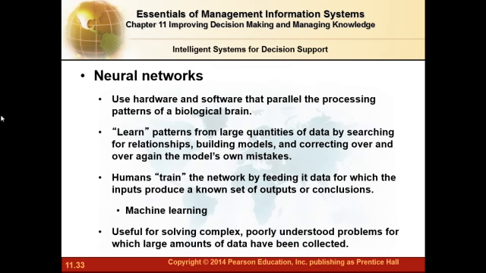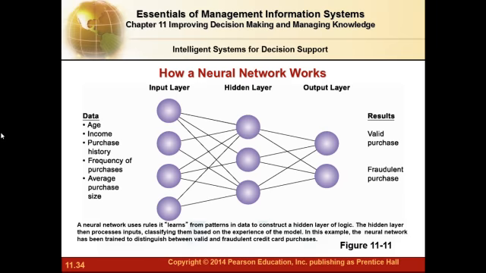Okay, this graphic illustrates how a neural network works, by using an internal hidden layer of logic that examines existing data and assigns a classification to that set of data.